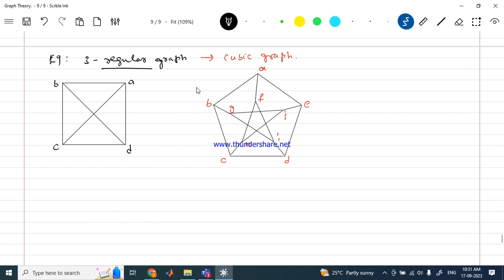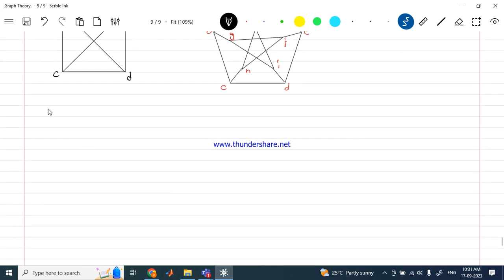As I mentioned, the most common question on degree of the vertex is this. They may ask you to find the degrees, or the number of vertices or number of edges in the given situation. Right now, this is what the problem is.